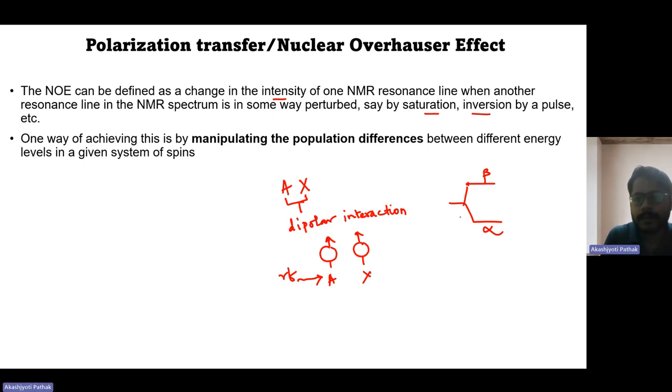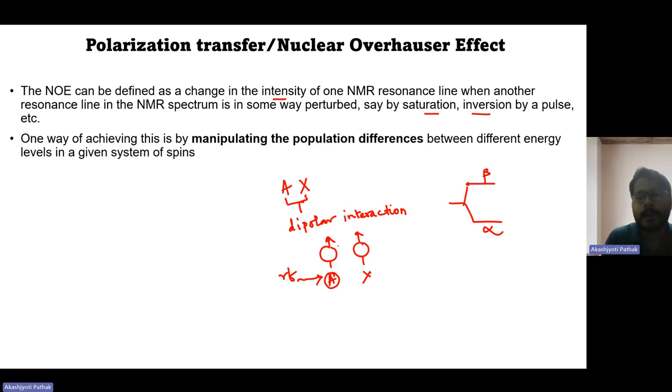Because of that, the nuclear spins go to the higher excited state. Now, since the equilibrium state of nucleus A is perturbed, it tries to come back to its equilibrium state once the radio frequency pulse is stopped.